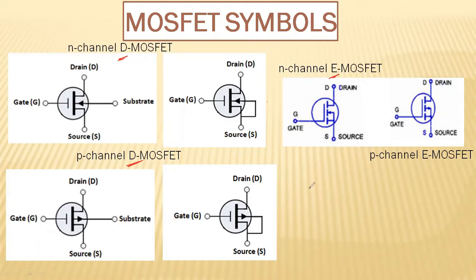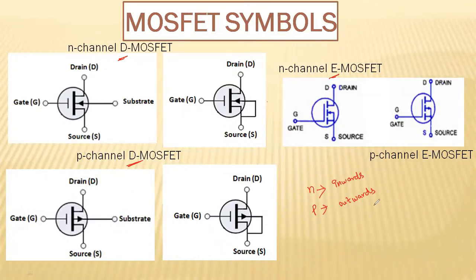Okay, and always one thing you have to remember is for N channel, whether it may be JFET or MOSFET, the current flows inwards. So the arrow mark is inwards, and for P channel, JFET or MOSFET, the arrow mark direction is outwards. So this one you have to remember.